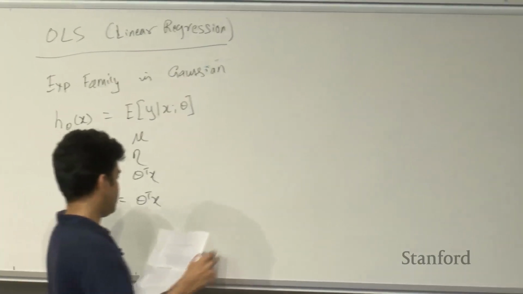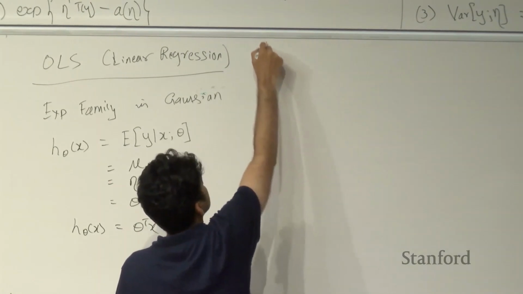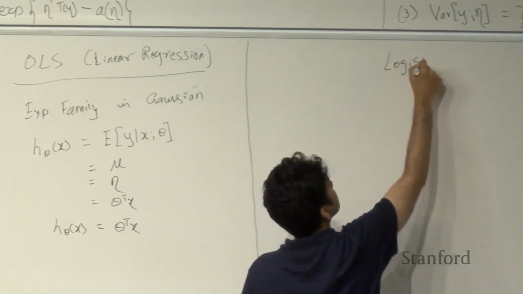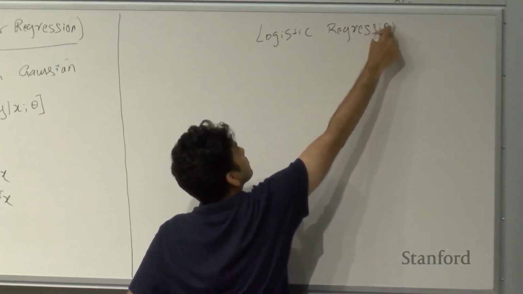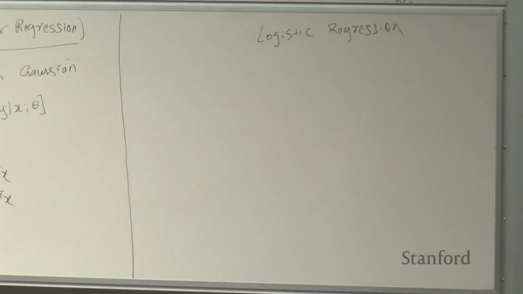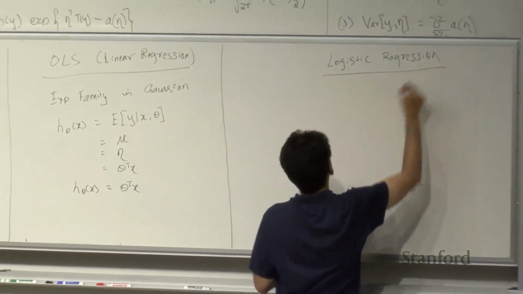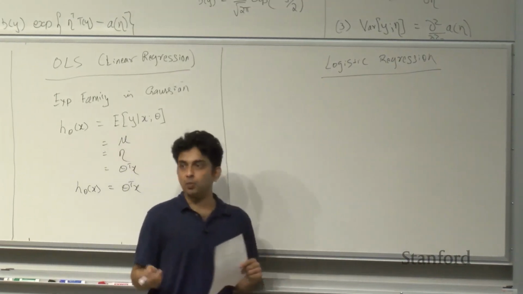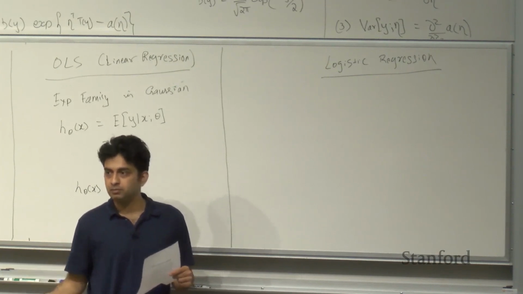Similarly, for logistic regression, logistic regression is again basically a generalized linear model where we choose the exponential family to be Bernoulli.